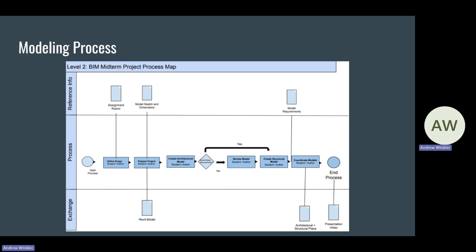But if it does meet the requirements, then you will create your structural model, after which you will coordinate the models, using your model requirements as reference information. Once you coordinate your models, you will get the architectural and structural plans. And for the end of the process, you will get your presentation video, which is what I'm presenting right now.